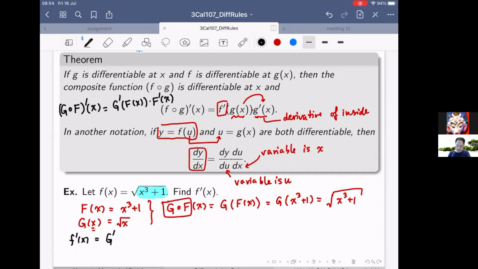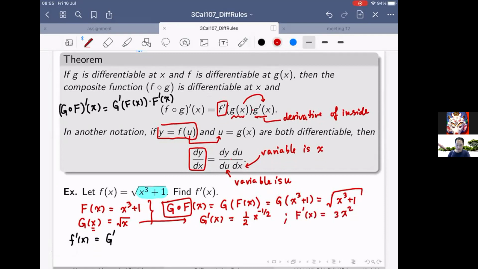So what is your g prime from here? Your g prime is simply 1/2 x raised to the power negative 1/2. Is that correct? And then your f prime, which you need as well, is 3x squared plus 0.